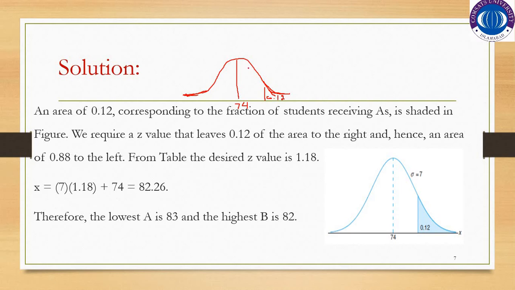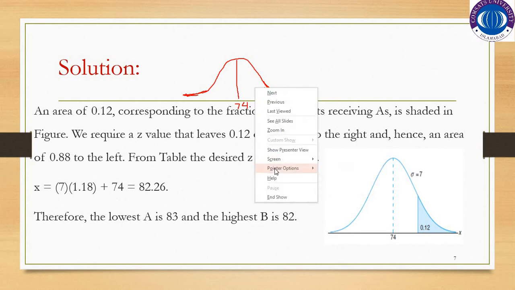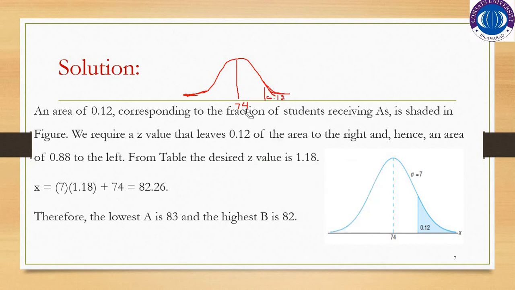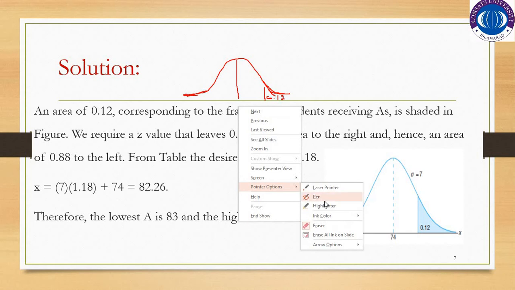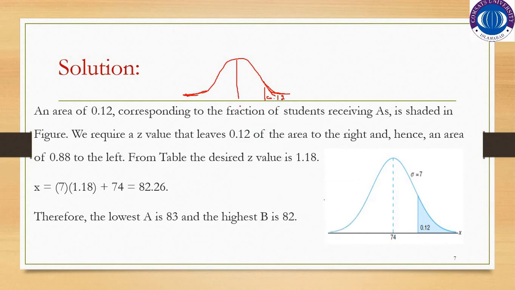And as you know, the total area on this side is 0.5, and in the standard normal distribution the mean should be 0. As this point is unknown, let's suppose this point is Z, you can say Z1, I'm just naming it.